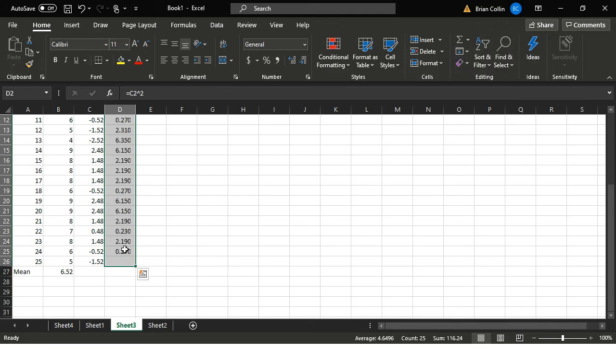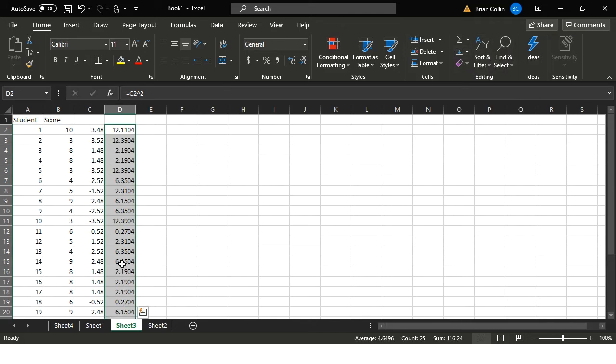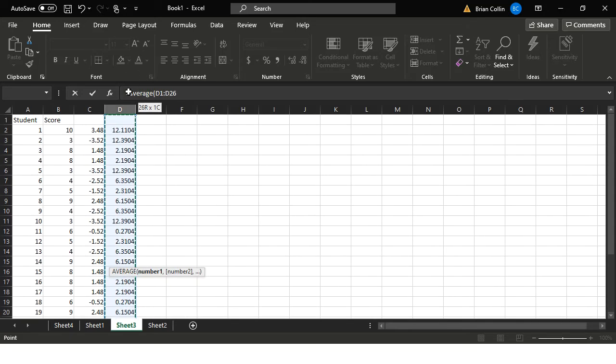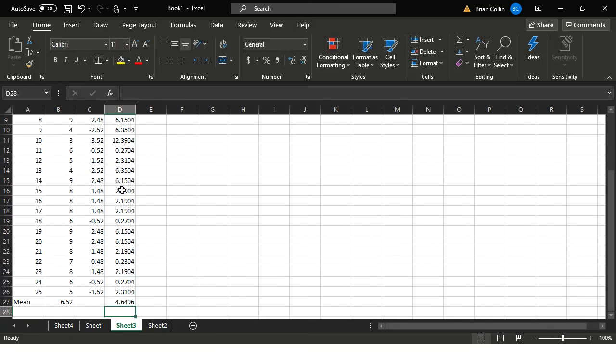So I get the square of all the numbers, and then I'm going to get the average of all of these numbers here. So I'm going to take the average of all the squared differences from the mean.